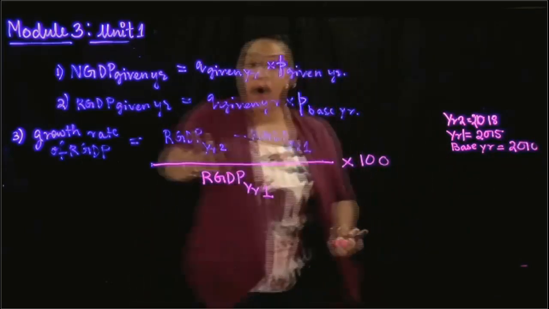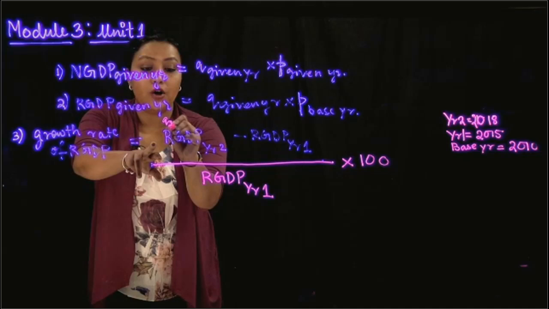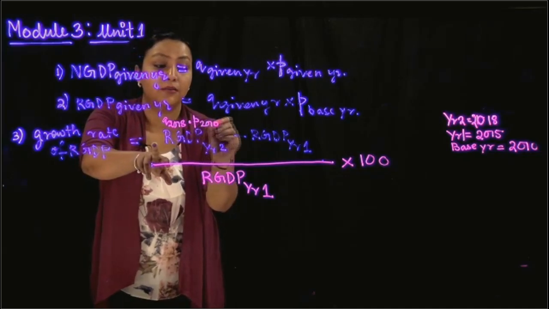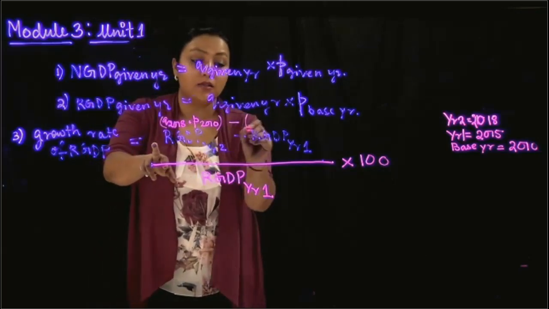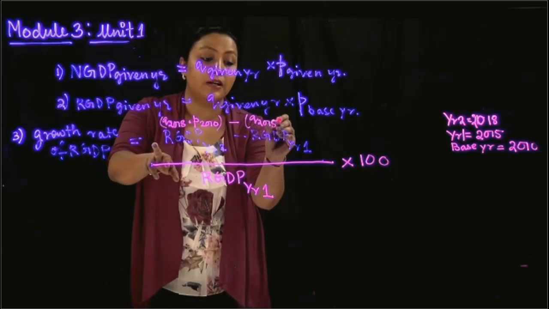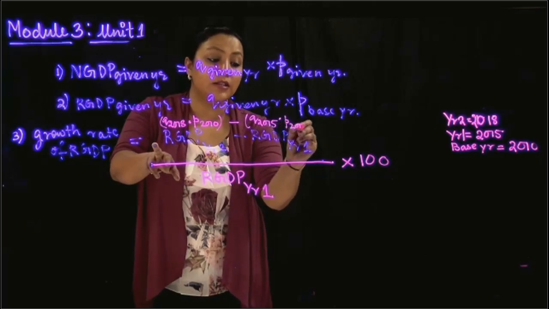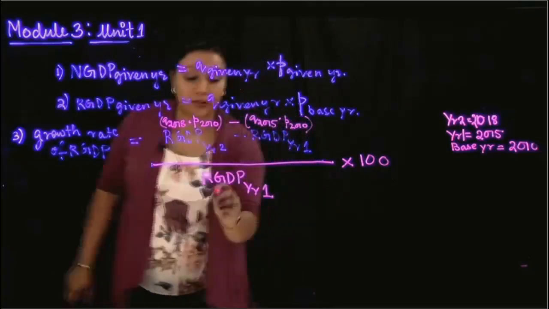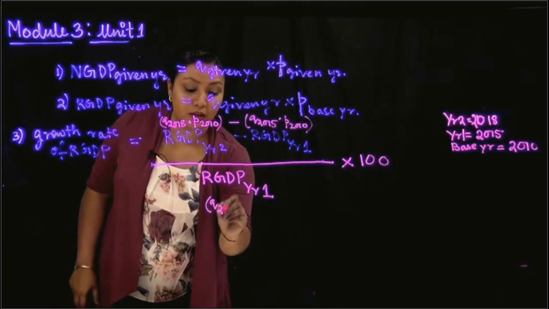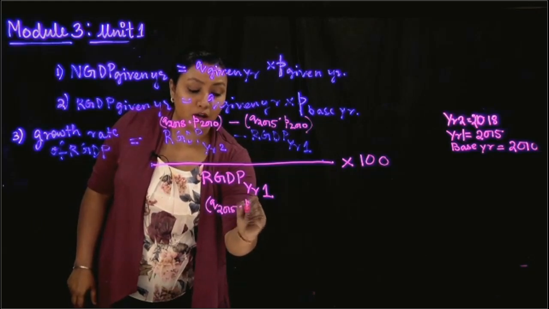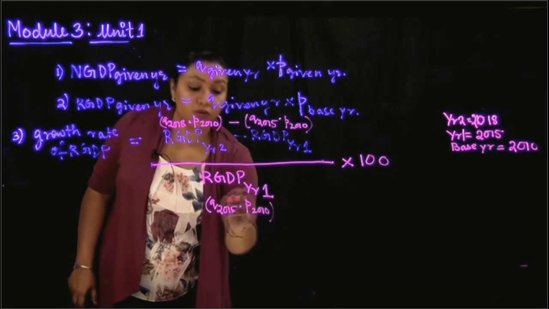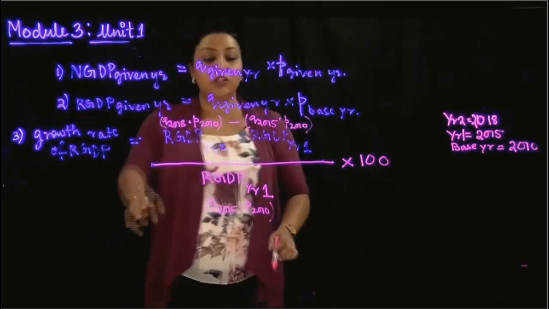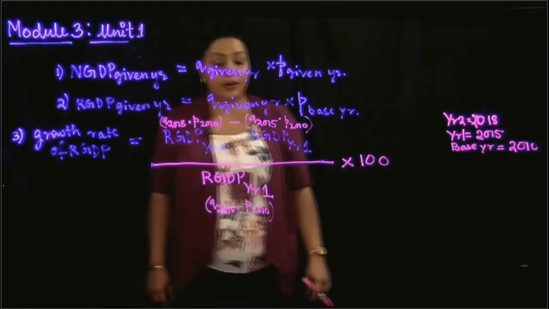So basically you are looking at the quantity of 2018 times the price of 2010, minus the quantity of 2015 times the price of 2010. So basically you are plugging in the formula for real GDP to calculate the real GDP of those years, right? You are using the real GDP formula from number 2, calculating the real GDPs and then plugging them into the growth rate formula.